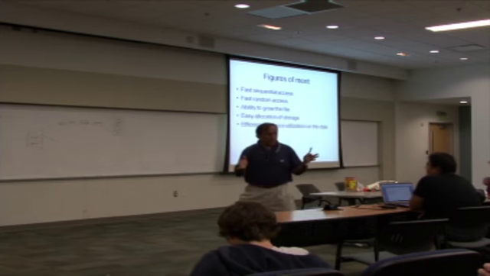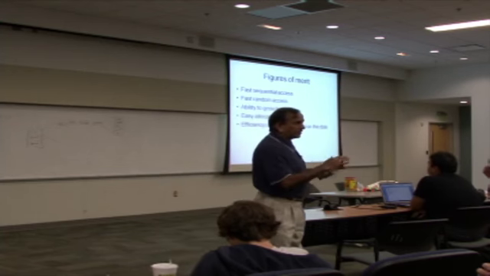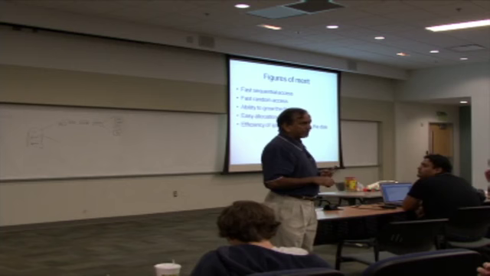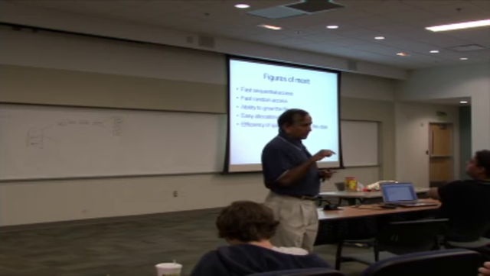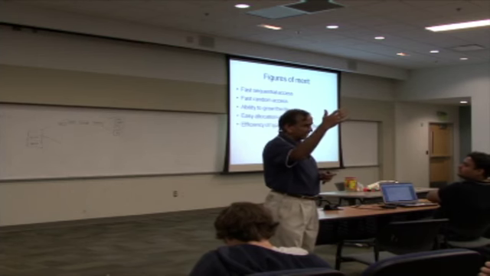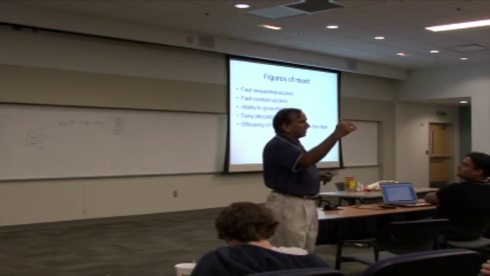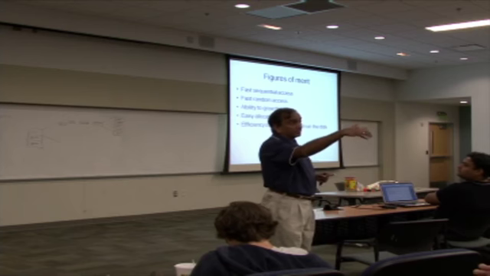If I have a file that I want to allocate and I want it to be contiguous, how would I go about doing it? Don't think about data structures or anything, just logically. I have a disk, it's empty, nothing there, right? And I want to allocate a file. If I want it to be contiguous, what will I do?